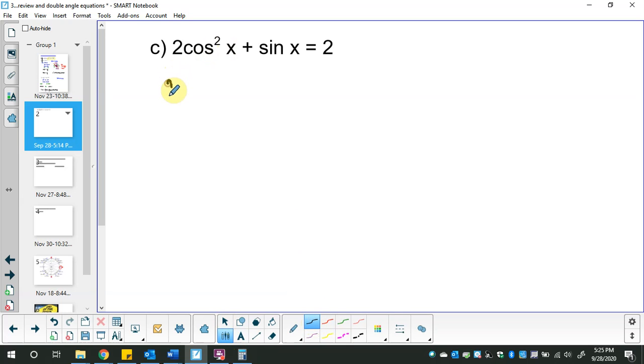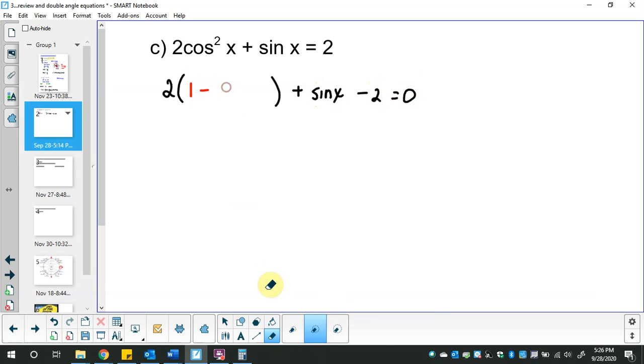So I'm going to write down the 2 again, and then I'm going to put a bracket down plus sine x. I'm going to pull the 2 over from the other side, equals 0. And in that bracket, I will put the replacement for cos squared x. Check your identity sheet if you are not quite sure where this is coming from. We have that.